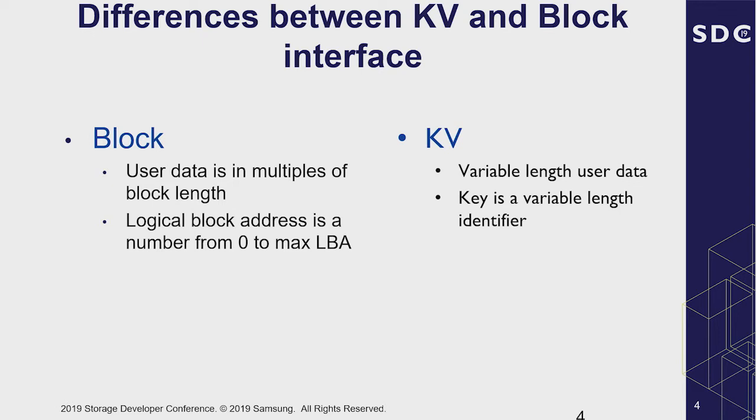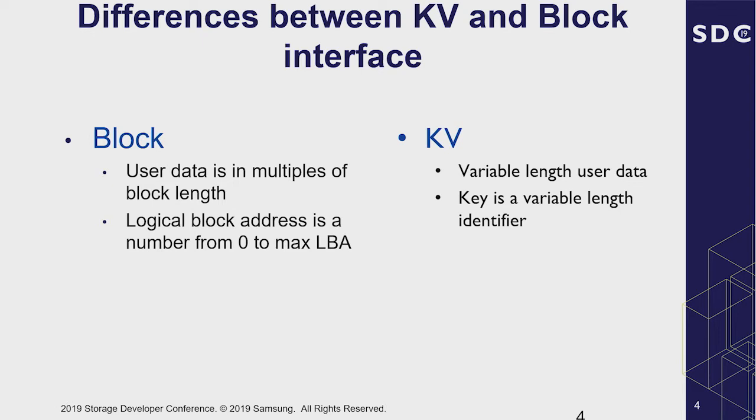Logical block address is a number from 0 to a maximum logical block address on your device. Now, various devices may have thin provisioning where you don't have enough storage for all your logical block addresses, but nonetheless, you're limited to a logical block address that fits within some fixed space.